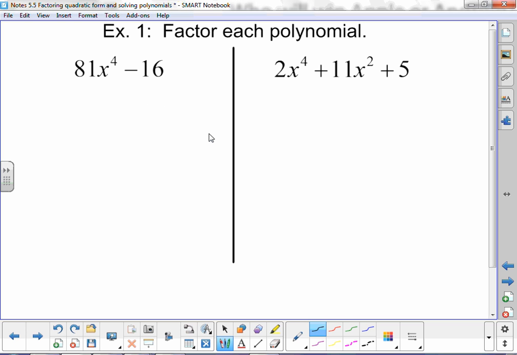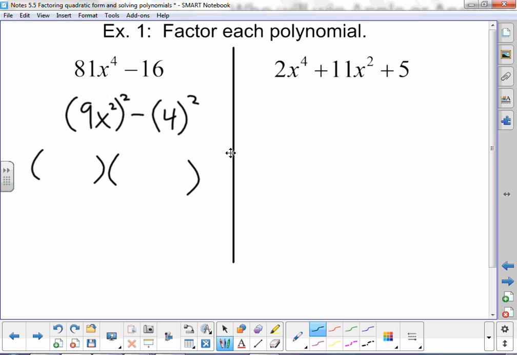So I can turn this into, I'm just going to do the whole thing. 9x squared squared, that's 81x to the fourth, minus 4 squared. That is a difference of two squares, which is a quadratic pattern. Difference of two squares states that if you have a squared minus b squared, then that's a plus b times a minus b.